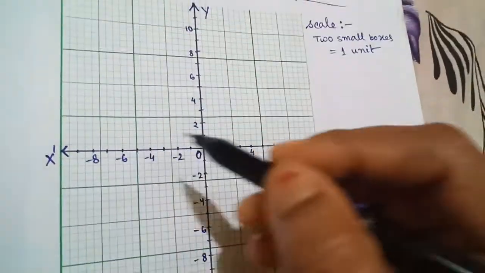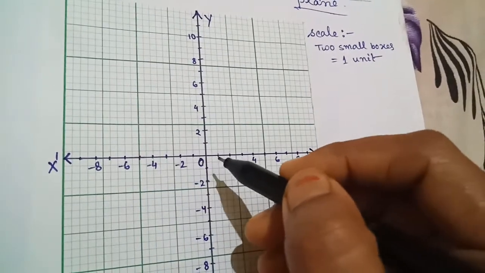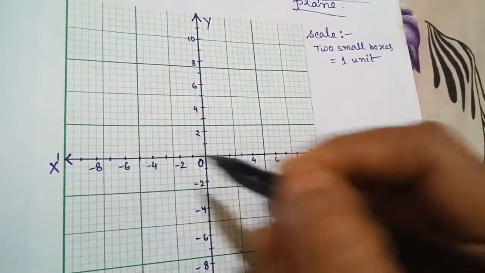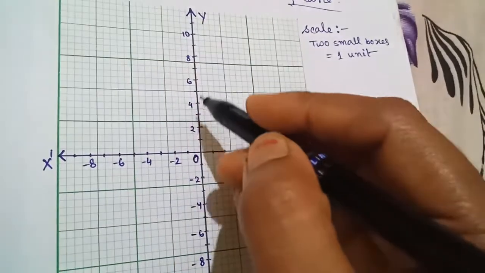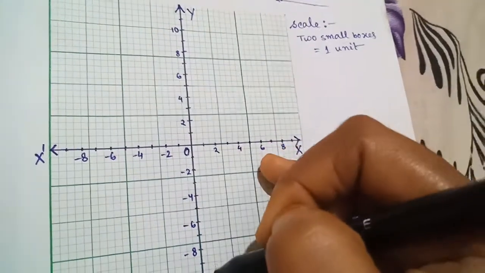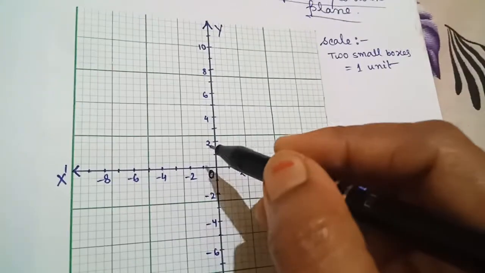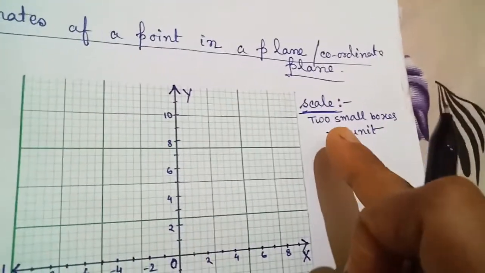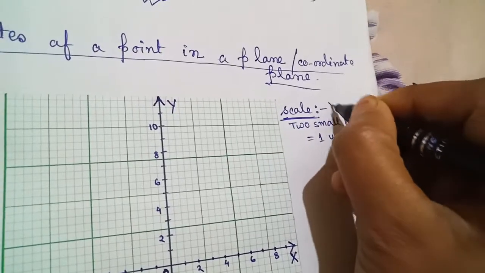You please keep it in your mind, whatever measurements you are taking this side, same measurement should be taken in upward direction and downward direction. Means that's the scale. Its name is scale. Scale of the graph paper, and it's very much mandatory.